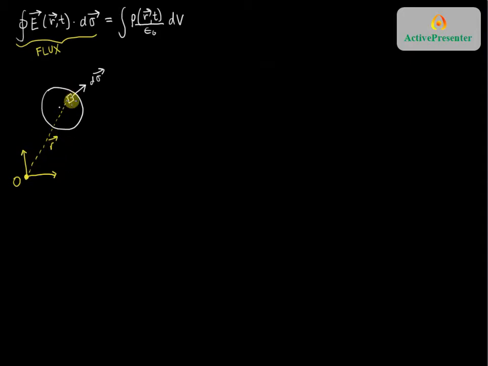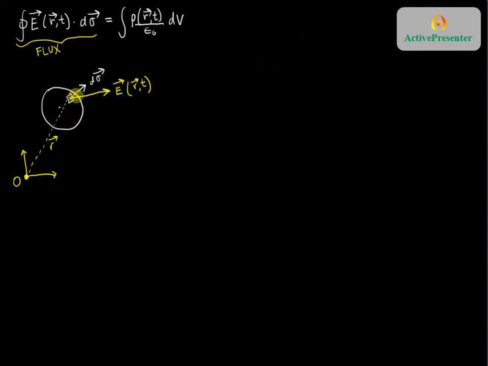So at that location, I can think about the electric field at location r at some time t. And that electric field might be pointed in some direction like this. So that's the electric field E as a function of r and t.